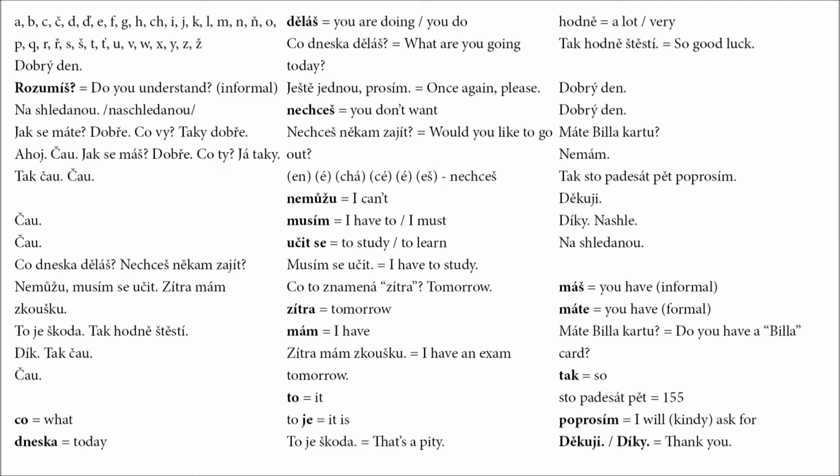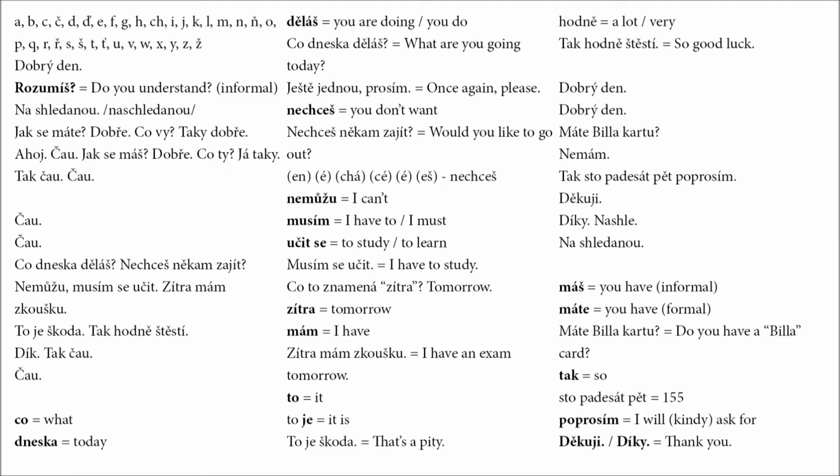Almost. Co dnes, co dneska děláš? That was it. Co dneska děláš? And before I type it, let's see if you can understand what this might be about, or if I'm talking about myself or if I'm talking about you.